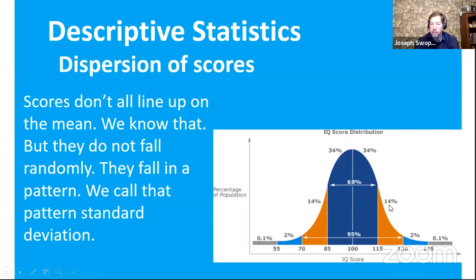It's important, and we don't know what's going to happen with this year's AP exam, but it's important that you can talk through what this means. The further away from the mean, well, it's only 14%. Further away from the mean, it's only 2%. You get even further, 3 standard deviations away. Look how rare it is to have an IQ above 145.